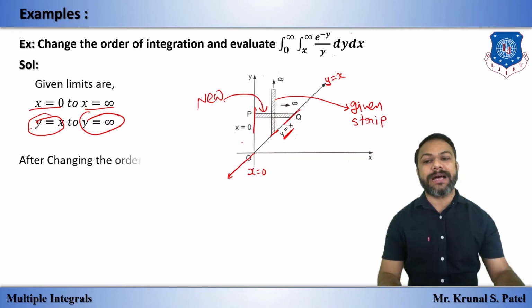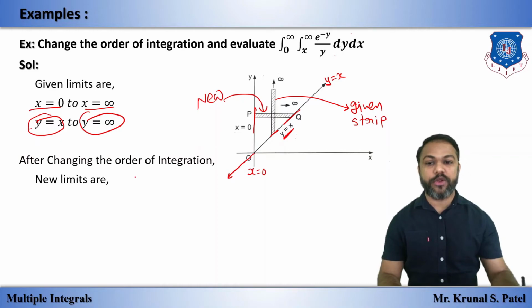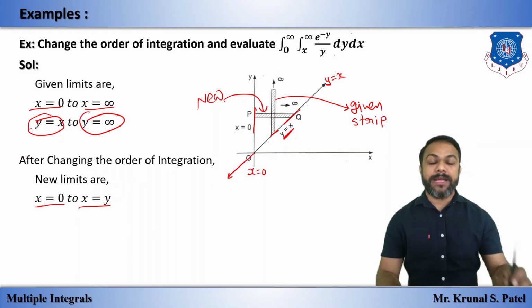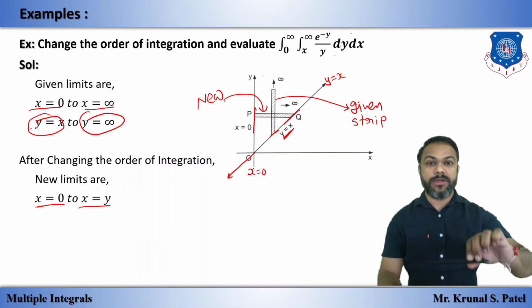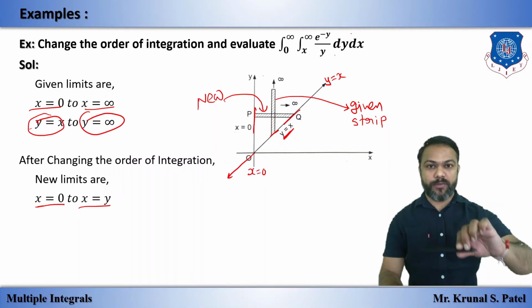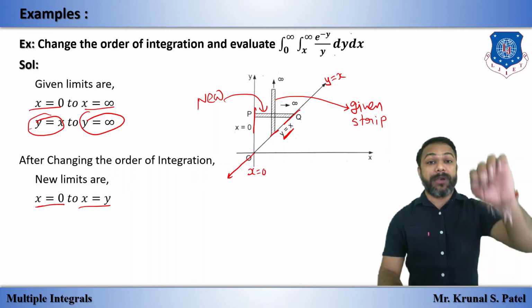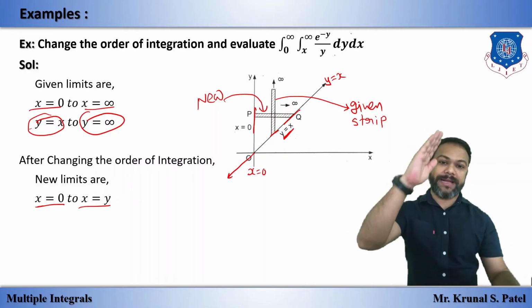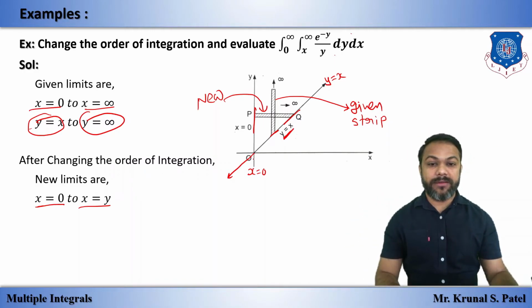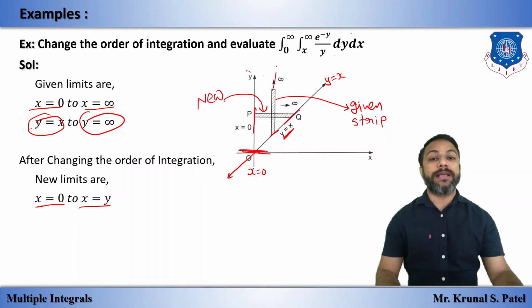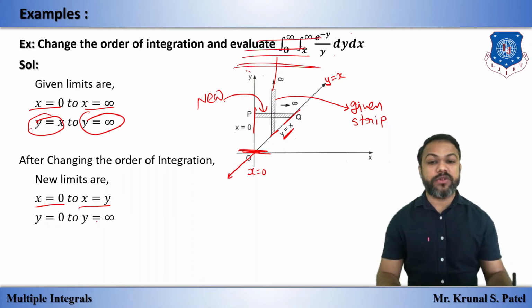So by changing the order, the new limits are x equal to 0 to x equal to y. And this horizontal strip moves vertically on the y-axis from lower to upper, and the upper is infinity. So we have y equal to 0 to y equal to infinity.